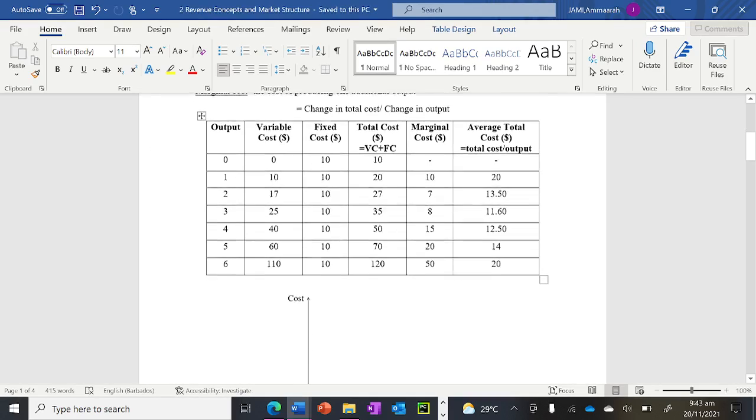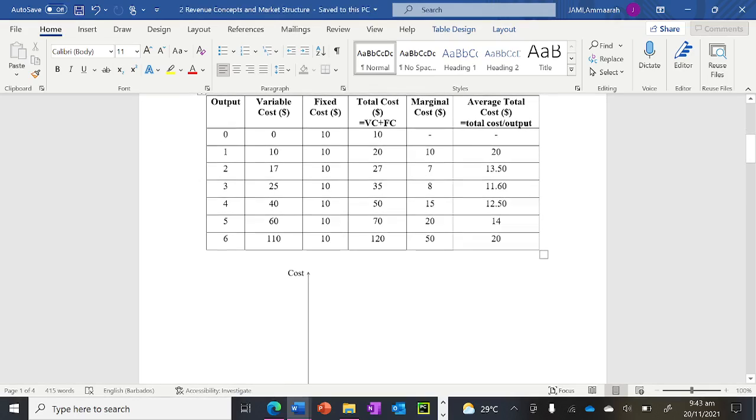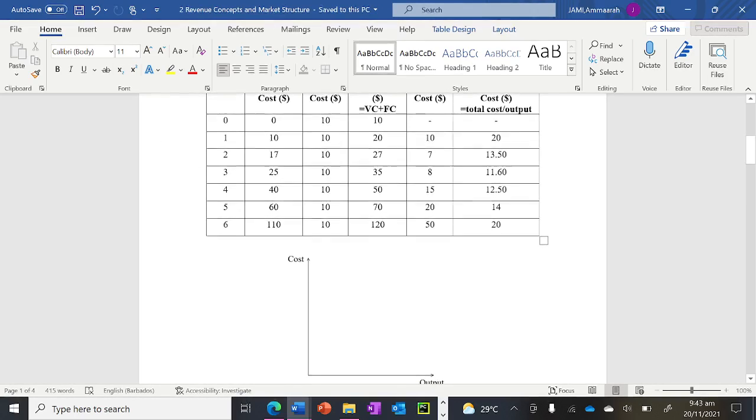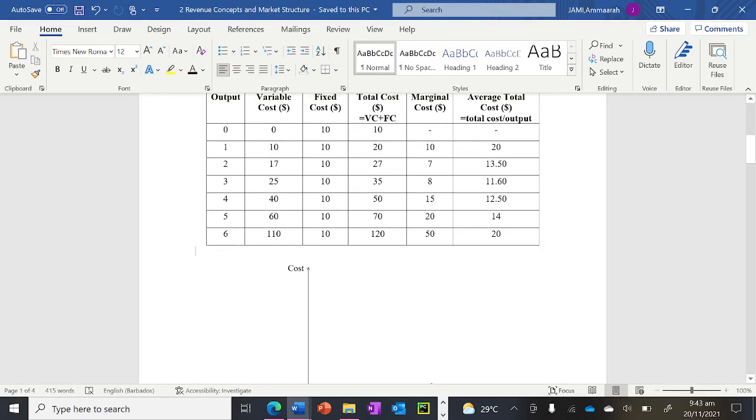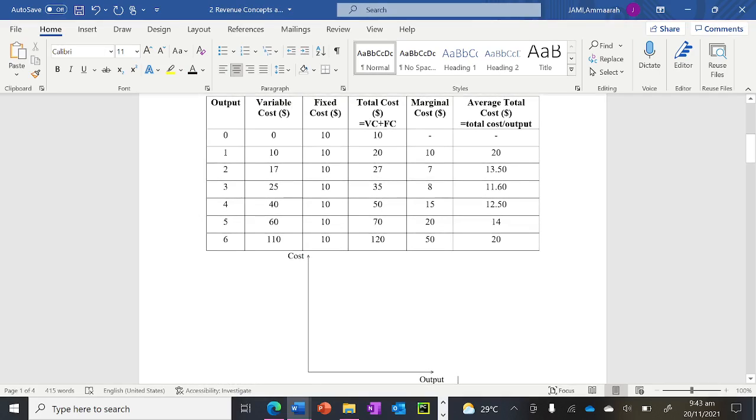Another thing that you have to know with cost is graphs. You have to know your graphs. So basically here I have the cost on your y-axis and the output on your x-axis.